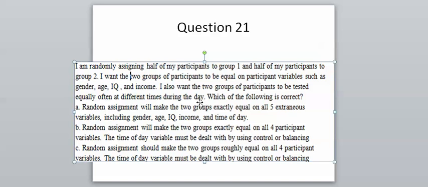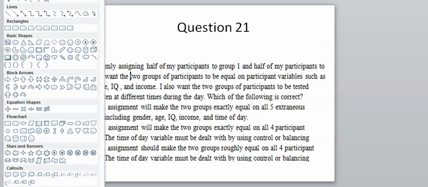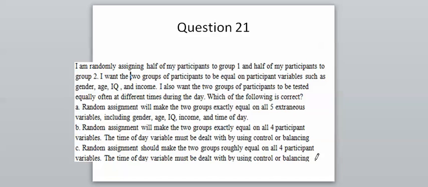So if I want the two groups to be tested at the same time of day, I have to do that with control or balancing, because it's possible for me to randomly assign the participants to the two groups and still end up testing them at different times of the day.